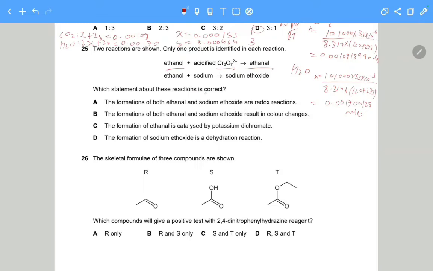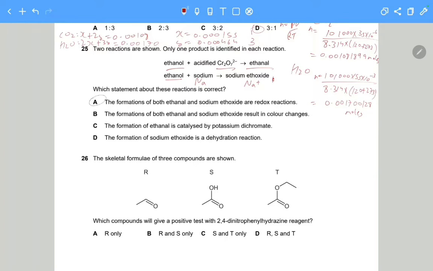And then the second one, we have atomic sodium here, Na, and we have Na plus ions in sodium ethoxide, which means the sodium has been oxidized, and the ethanol has been reduced. So ethanol is reduced, sodium is oxidized, so this statement is correct, but we'll read all the other ones.